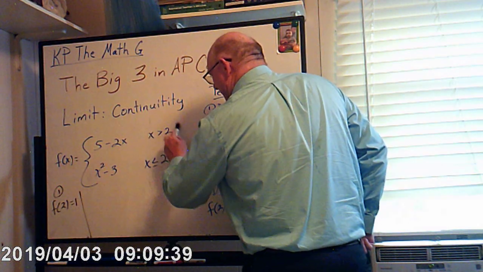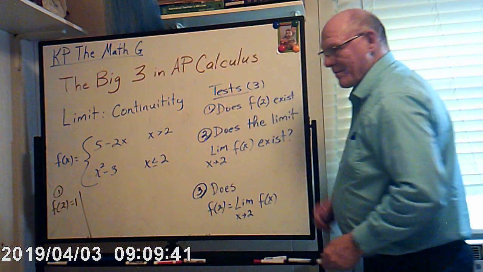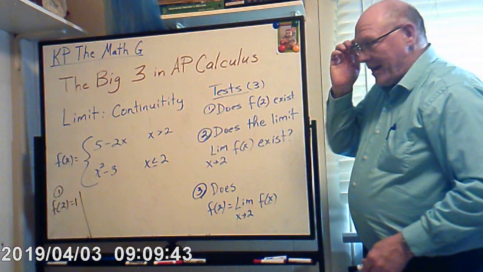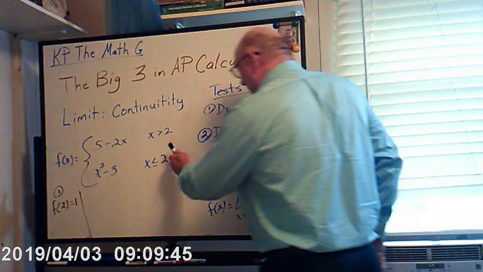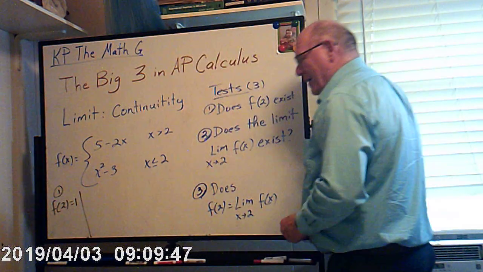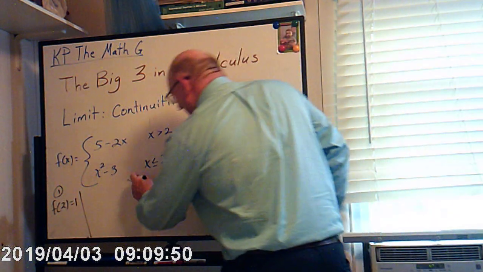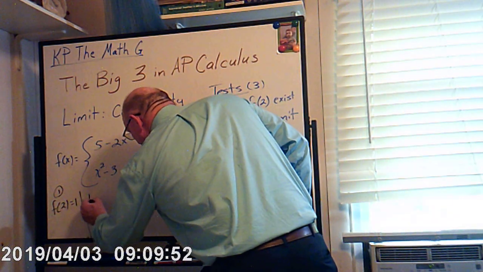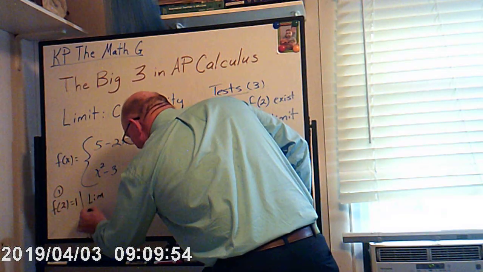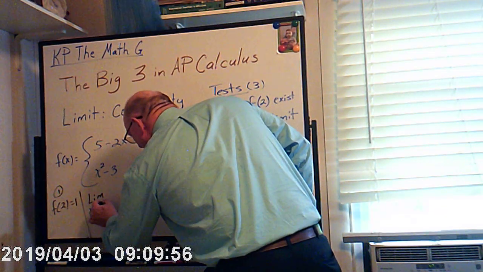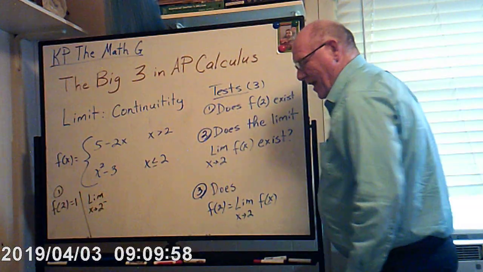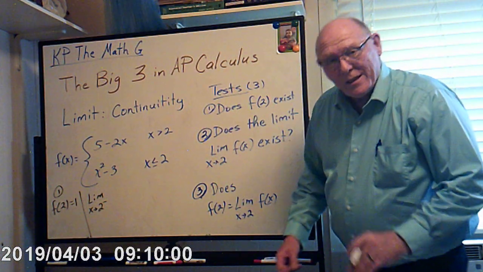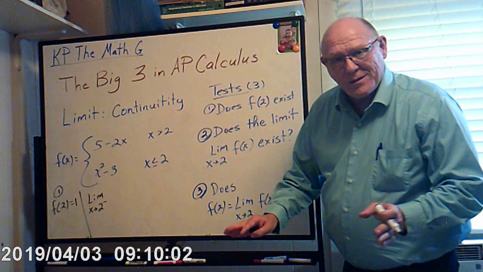The right side is where it's greater than. And even though it says approaching 2, you still put 2 in both equations. So let's look at the left side. The limit as x approaches 2 from the left. The left is a negative sign always. Not negative 2, it's 2 from the left. Okay?